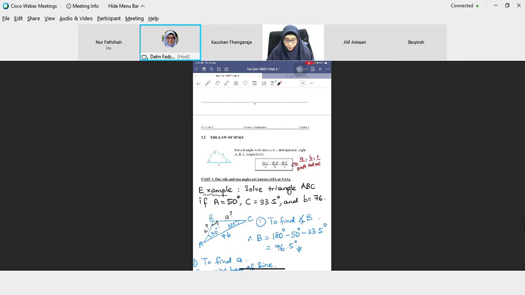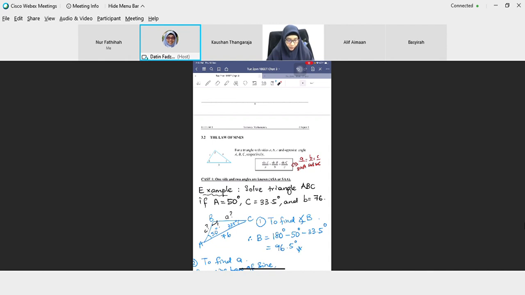Normally, when we want to apply the law of sine, it depends on what we want. If we want to find the length straight away, we would use this one. If we want the angle, then we will use this type of law.